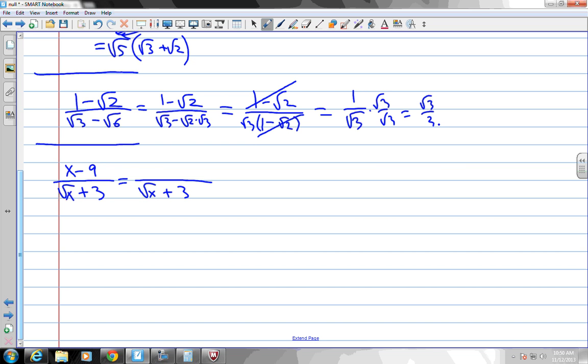So basically 9 is what squared? 3. x is what squared? Square root of x squared. So I can actually make it square root of x minus 3, square root of x plus 3. Because that works, right? So then I can just cancel the square root of x plus 3 altogether, and we're down to square root of x minus 3.